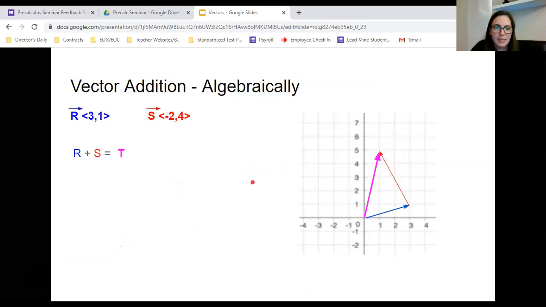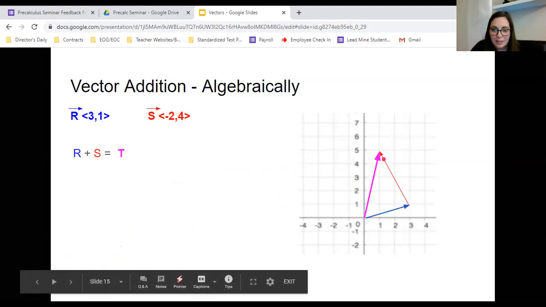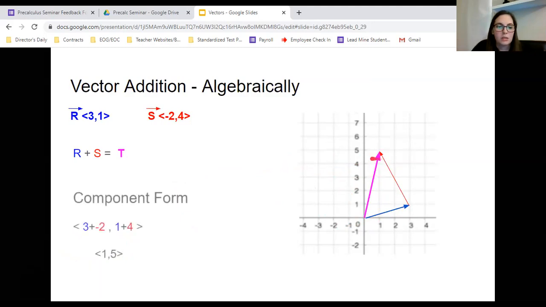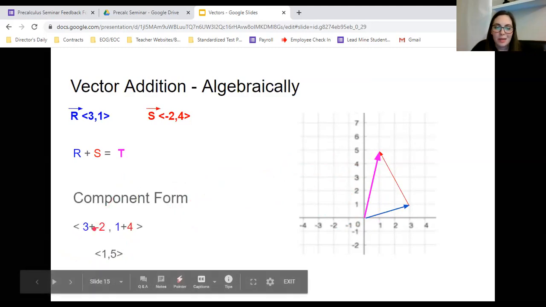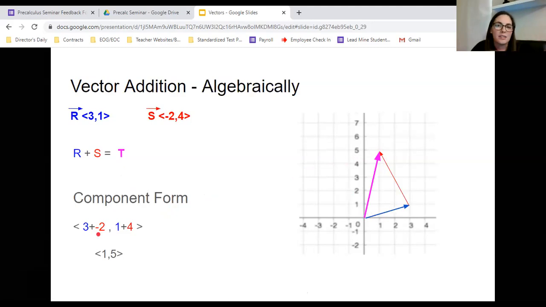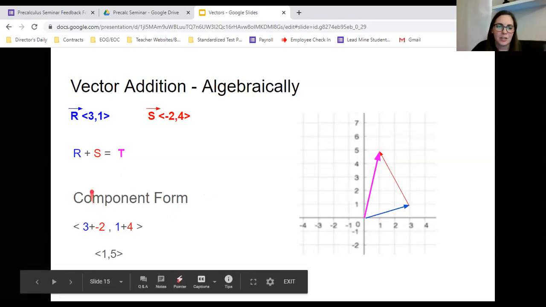Okay. Now, that's how we do it graphically. We can also do it algebraically, which a lot of you might prefer. So we're going to break it down into component form, and we're just going to add the x components and we're going to add the y components. The trick here is that you never want to add x and y. You only want to add x's to x's and y's to y's, kind of like combining like terms. So for r, I have 3, 1.